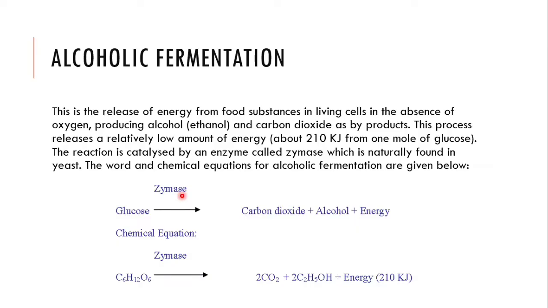To catalyze simply means to speed up. So zymase is speeding up this process. Okay? Alright, so glucose is reacted upon, so it's a substrate, because this enzyme will act on this glucose to form products. What are the products? Carbon dioxide plus alcohol, which is ethanol, and energy. What is the amount of energy?